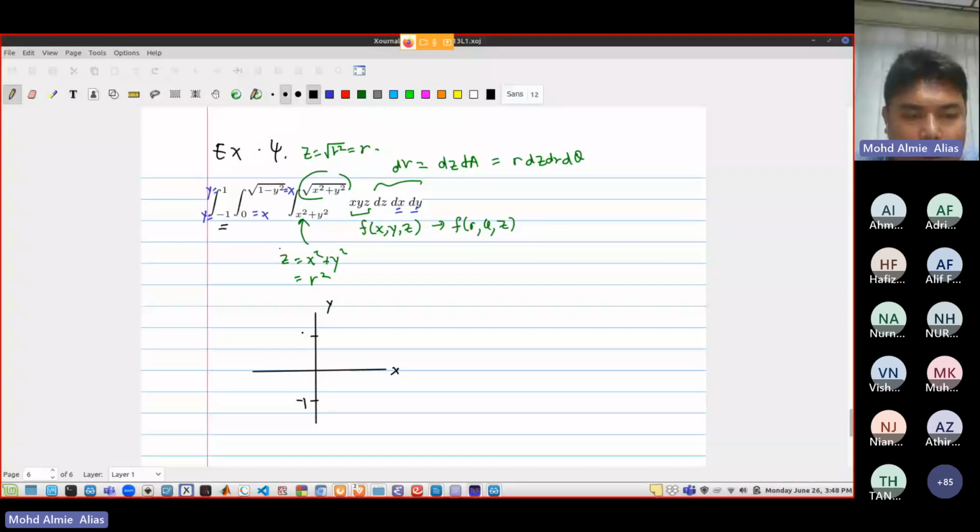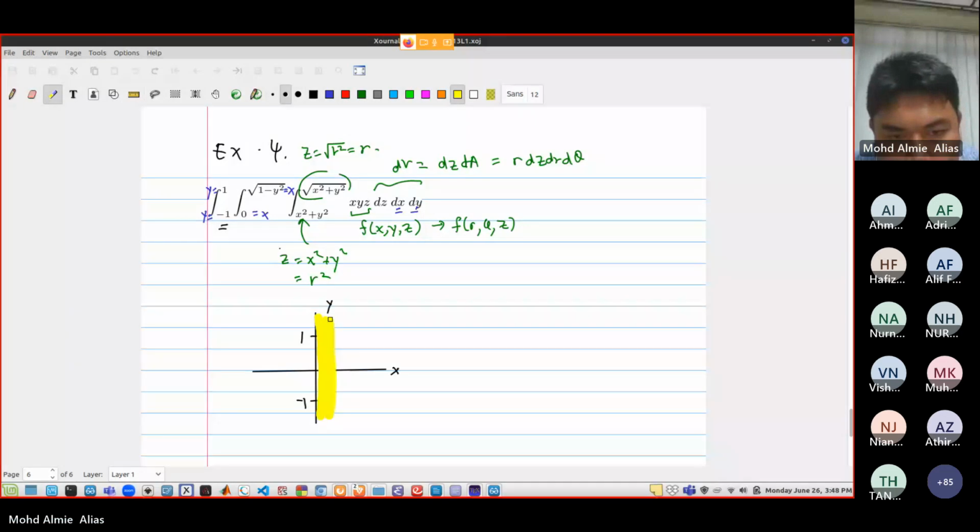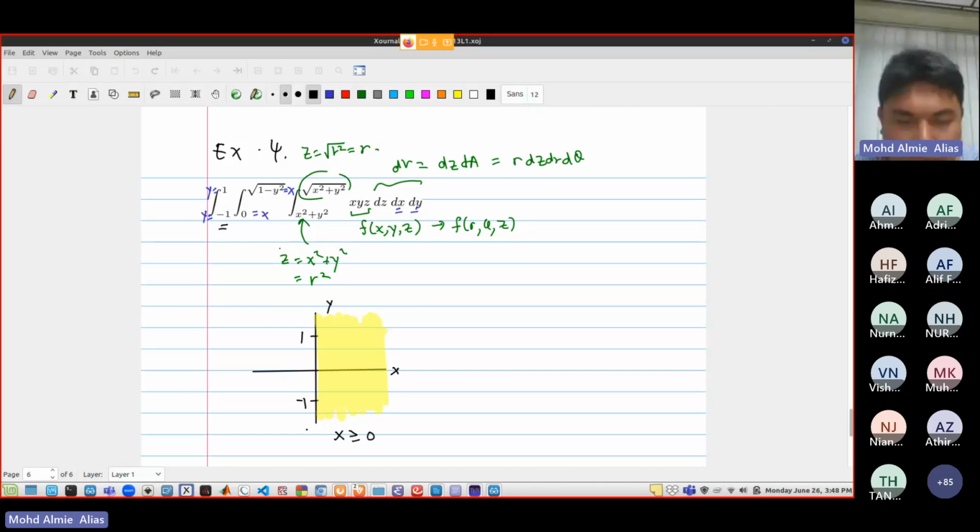But here our x starts from 0, which means we are only interested in this part, where x is greater than or equal to 0. We don't really care what happened on the other side.